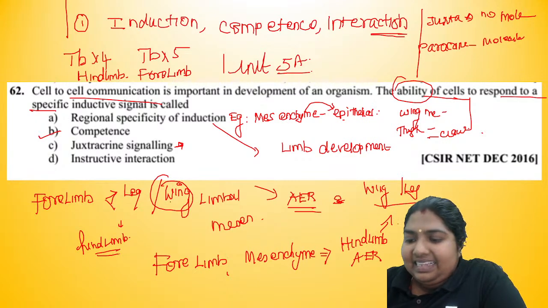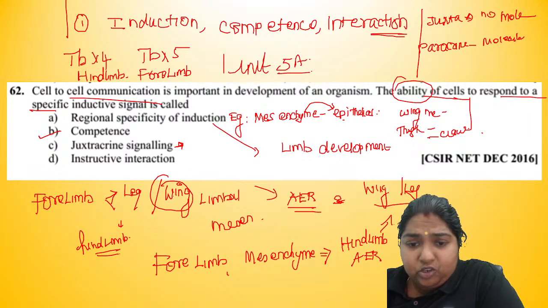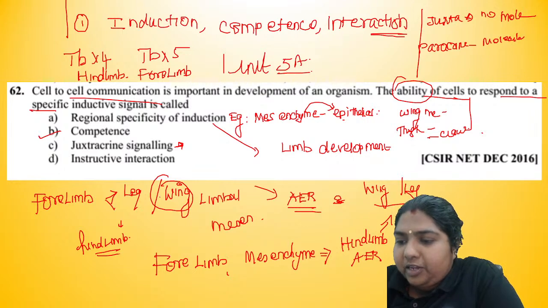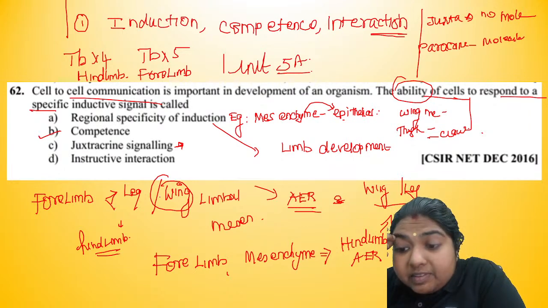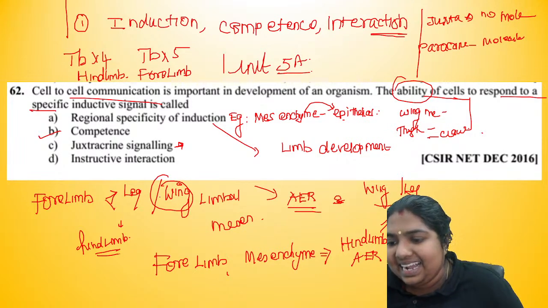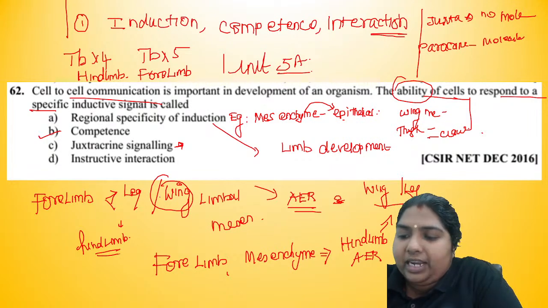So hind limb is going to be the leg and the forelimb is going to be the wings. So that confusion is also over. The forelimbs are modified into the wing.